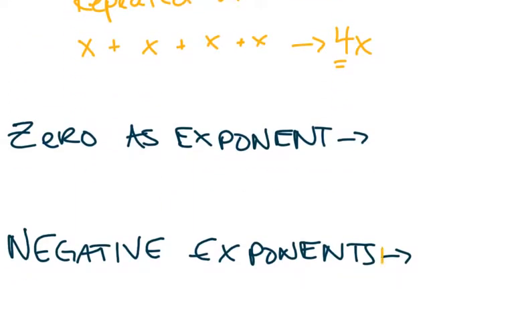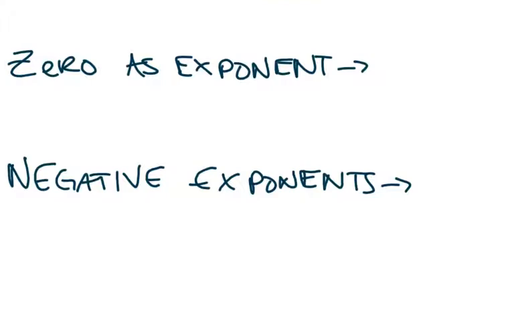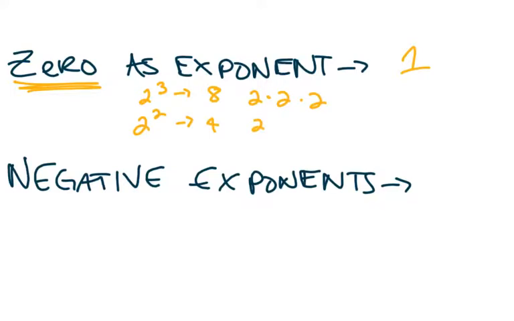Okay, then we have special types of exponents. Now that we've got your basic 1, 2, 3, 4, 5, what about 0 as an exponent? Well, 0 as an exponent always gives the digit 1. If you think about it, 2 to the 3rd is 8 because there are 3 2's, and 2 squared is 4 because there are 2 2's.